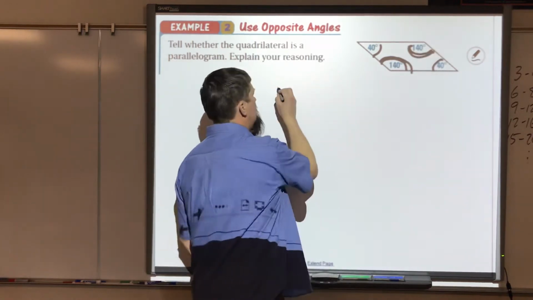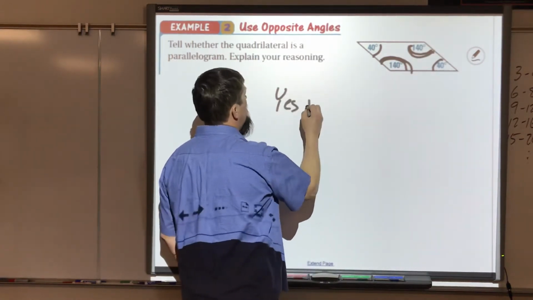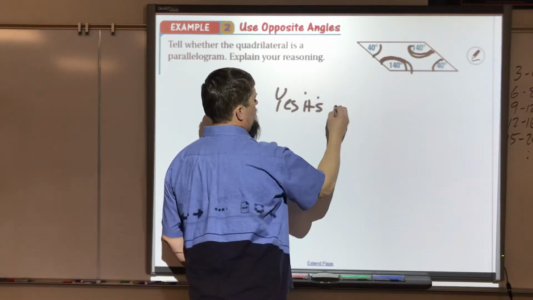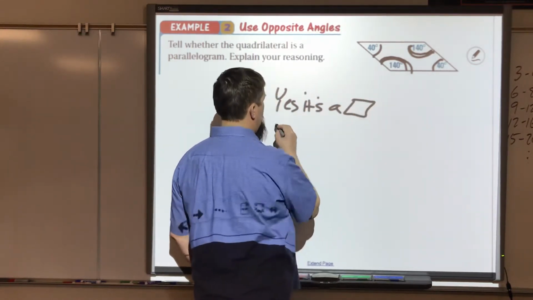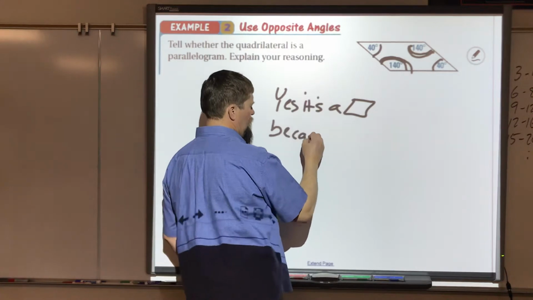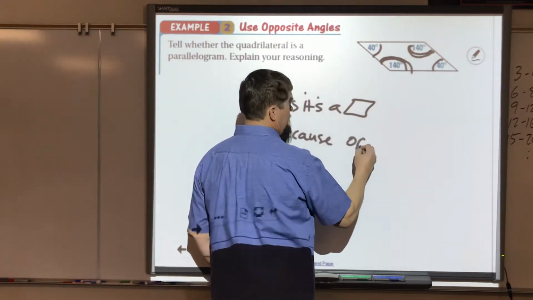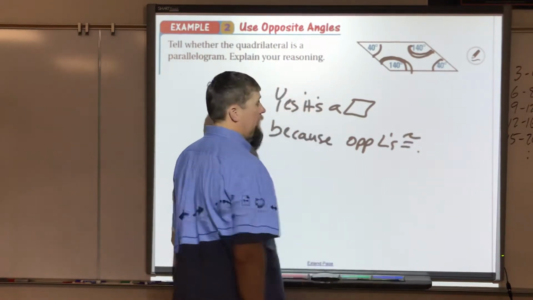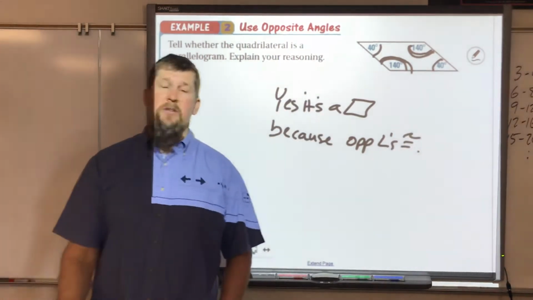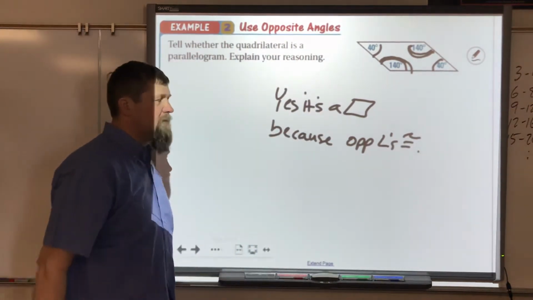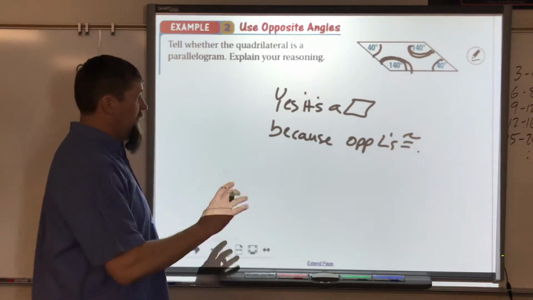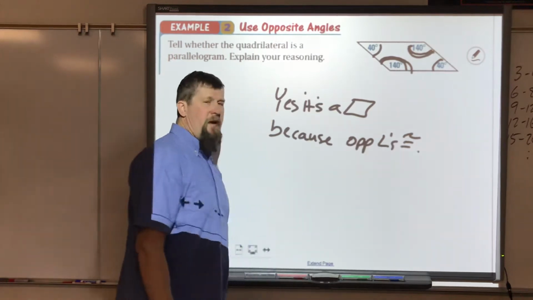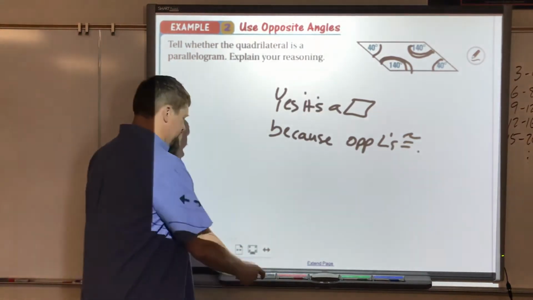So yes, it's a parallelogram because opposite angles are congruent. That's all you have to do when you explain your answer. Just put down the basics of that property or that theorem, and this is exactly the type of answer I am looking for on your homework.